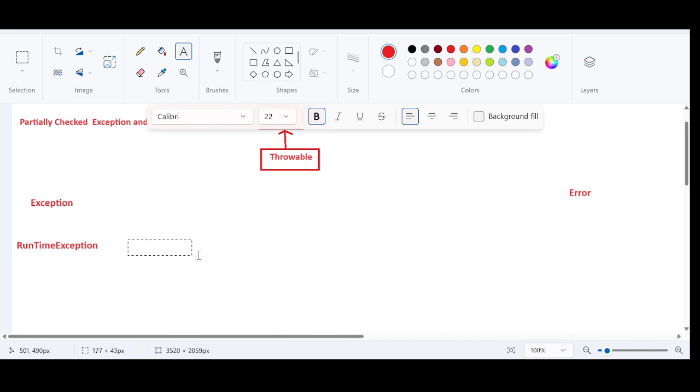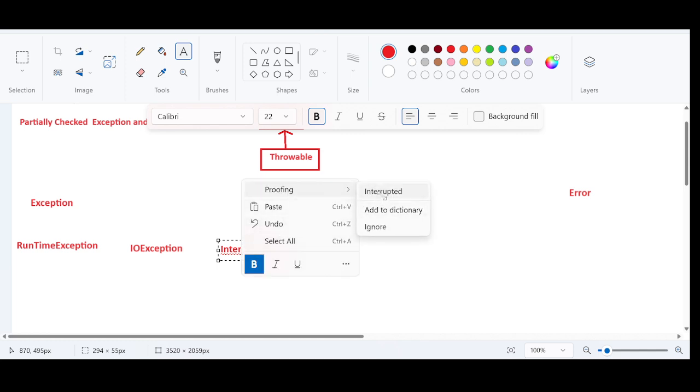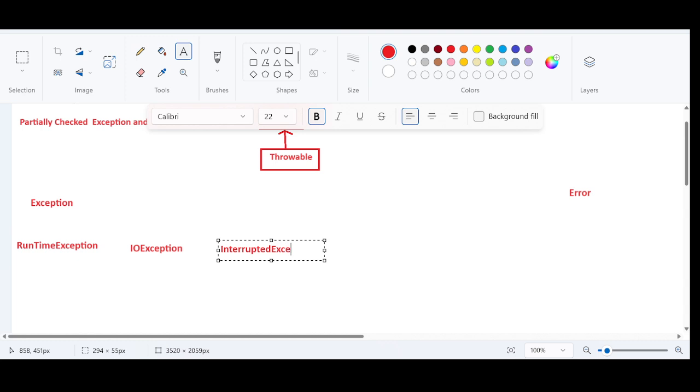After this, we have IOException, and after this, we have InterruptedException. And we have RemoteException.